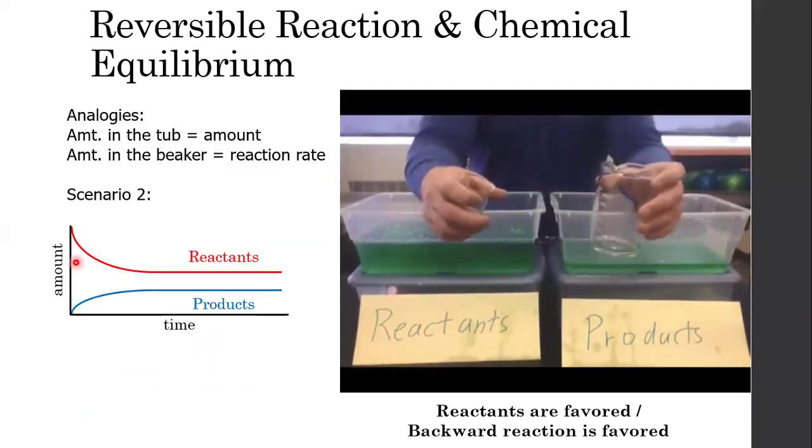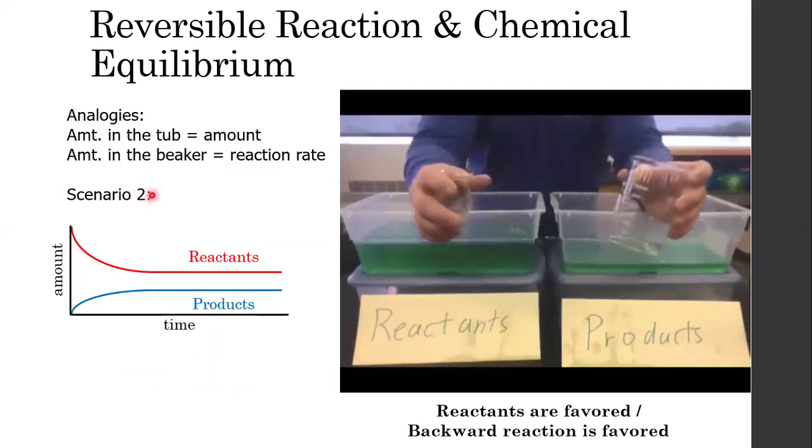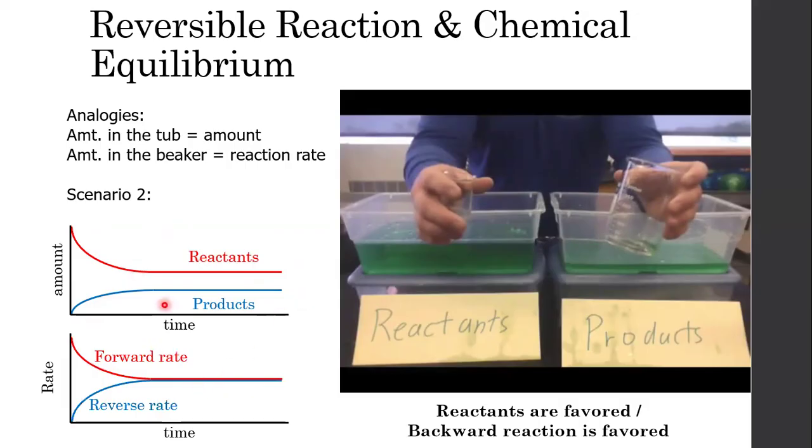Now, for this particular scenario 3, the reactants ended up in greater quantity compared to the product. But again, if you do this exercise even practically, you'll still end up with this graph for the rate, wherein the forward and reverse rates are equal. Okay. And for this scenario, we say that the reactants are favored or the backward reaction is favored.